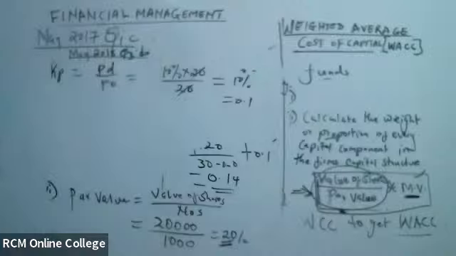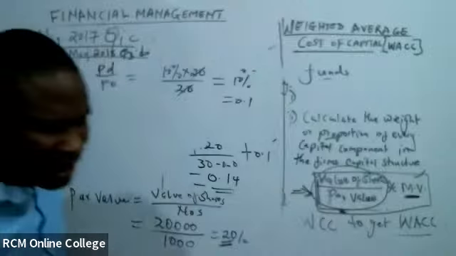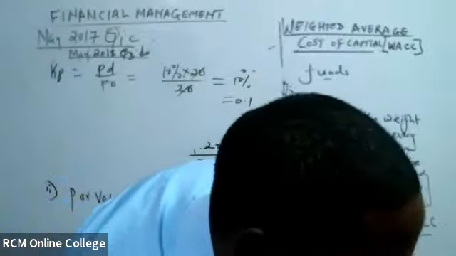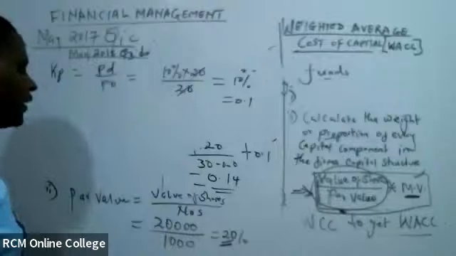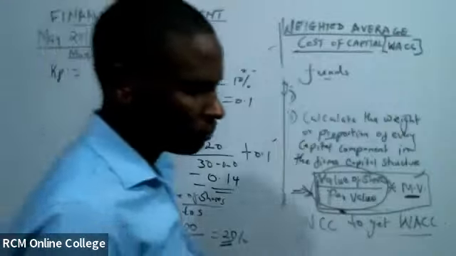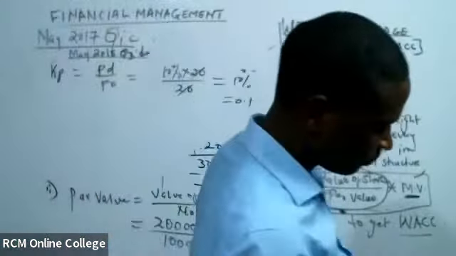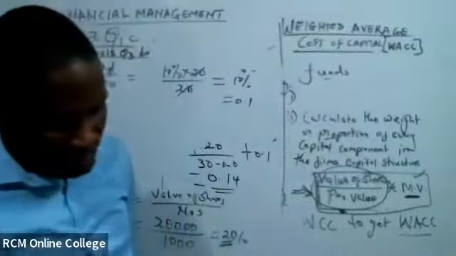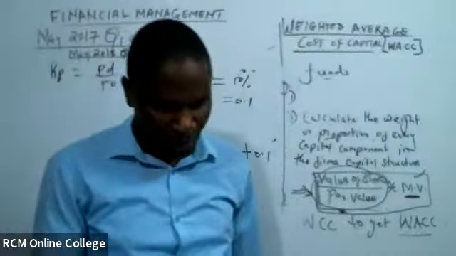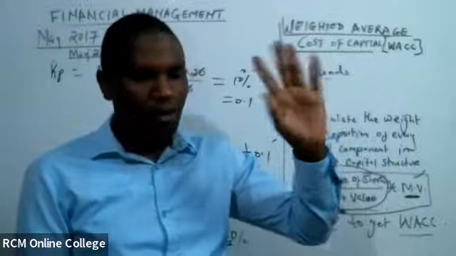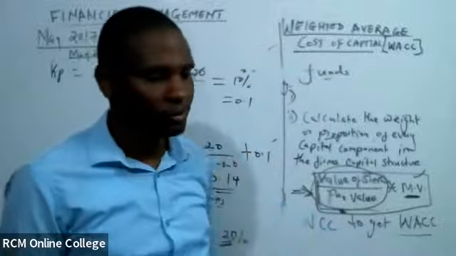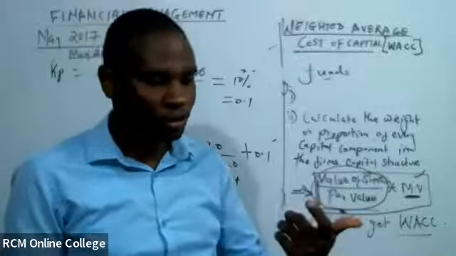Mel, you're getting 10. Where did we get number of shares? Okay, number of shares. Good question here. So you look at where we have the structure. We have been told 1 million, 10% preference share with a value of 20 million. Sasa hiyo 1 million ndio number of share.